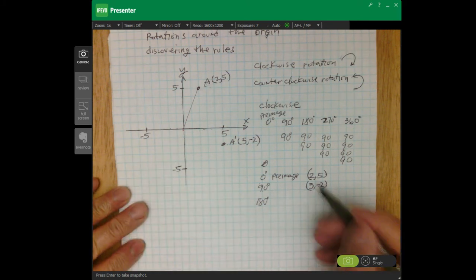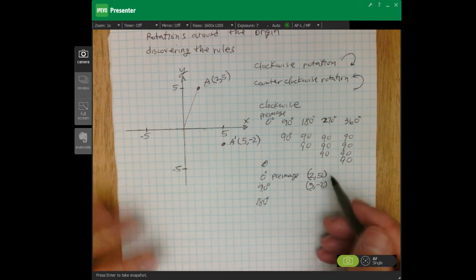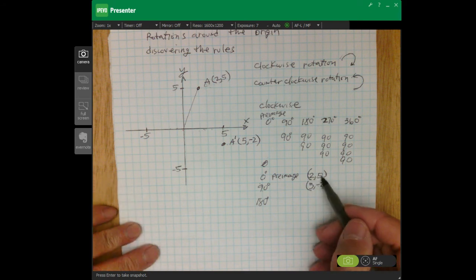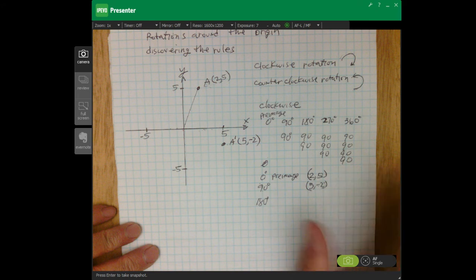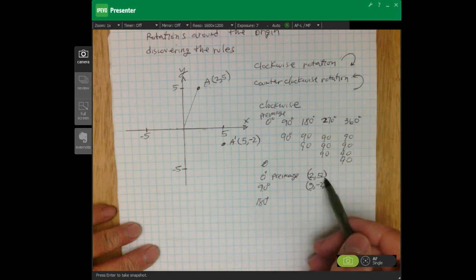So what is the same about these two? What is different? Now, we have a 2 and a 5. If you ignore the signs, so we look at just the absolute value, we have a 5 and a 2. So a 2, 5, and we have a 5 and a 2. So we have the same numbers, but they're in different order, right? That's one thing. We also have different signs.